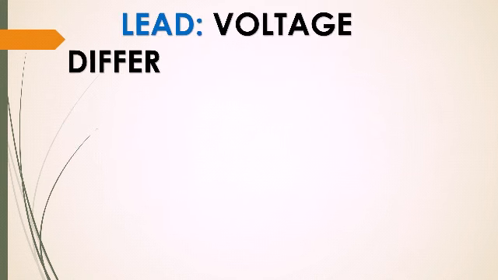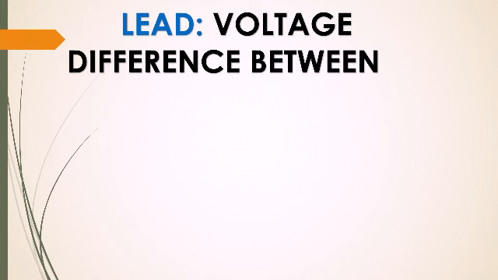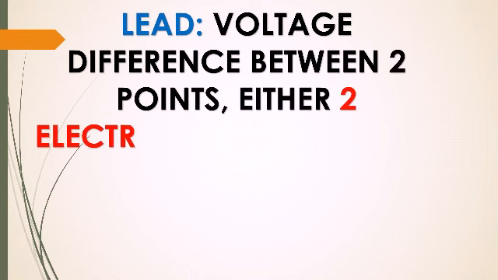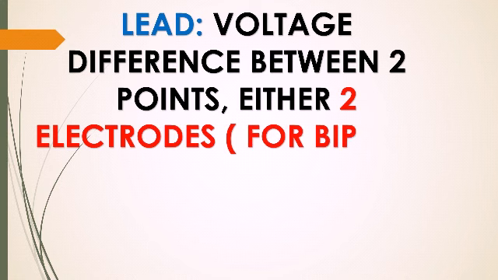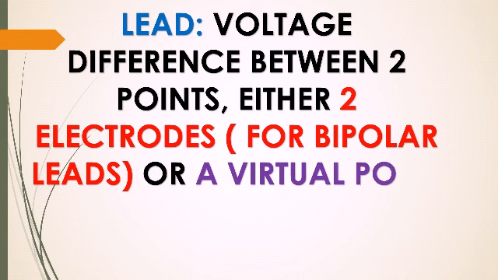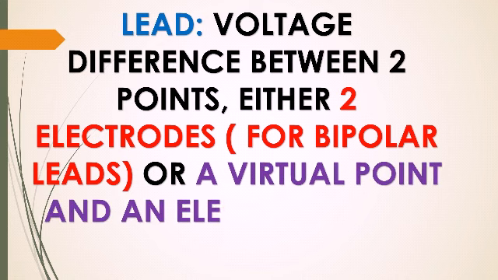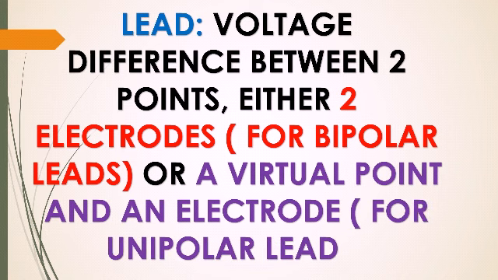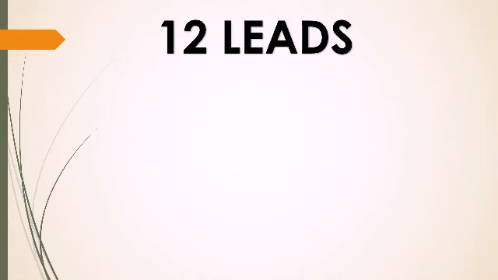A lead is the voltage difference between two points, either two electrodes for what we call bipolar leads, or between a virtual point and an electrode, that is for unipolar leads. Very soon we're going to see what bipolar and unipolar leads are. Let's see the 12 leads.